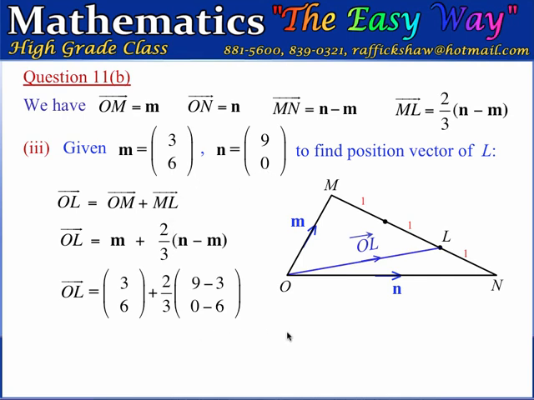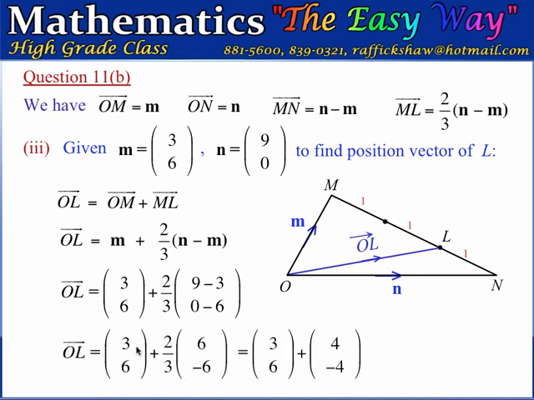And when we do this calculation, this therefore reduces to 3, 6 plus 4, negative 4. 3 plus 4 is 7, and 6 plus negative 4 is 2. That is 6 minus 4 is 2. And so our final answer is 7, 2. That is, the position vector of L, OL, is equal to the column vector 7, 2.